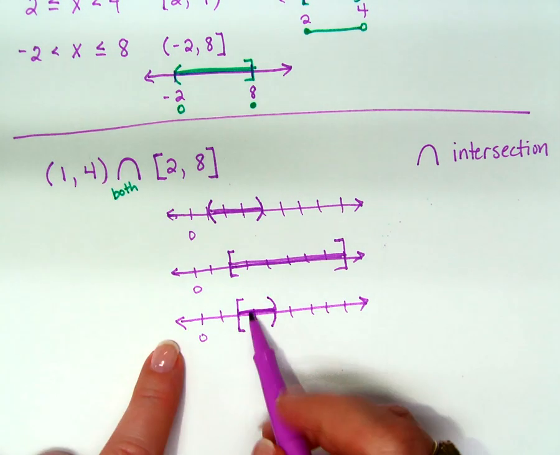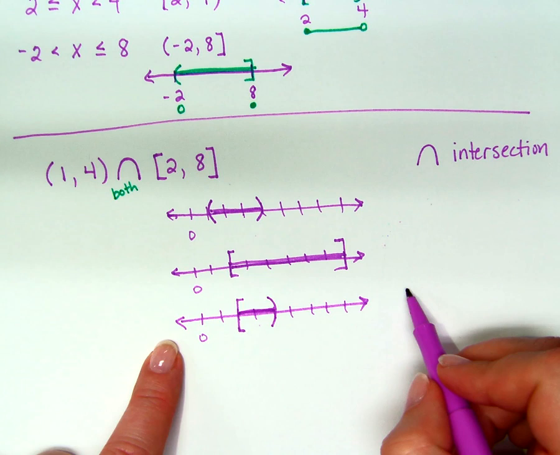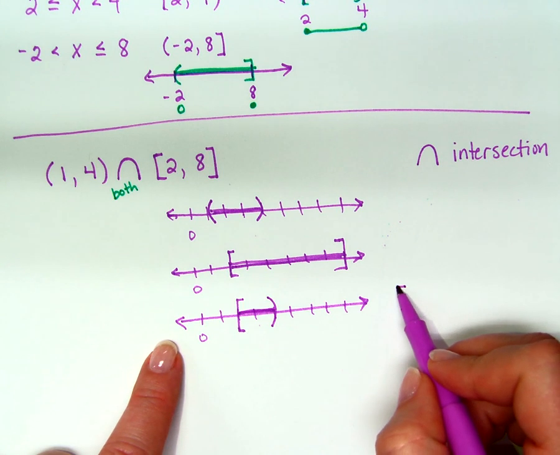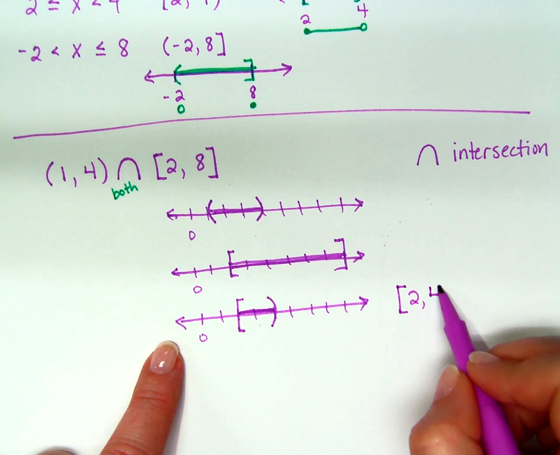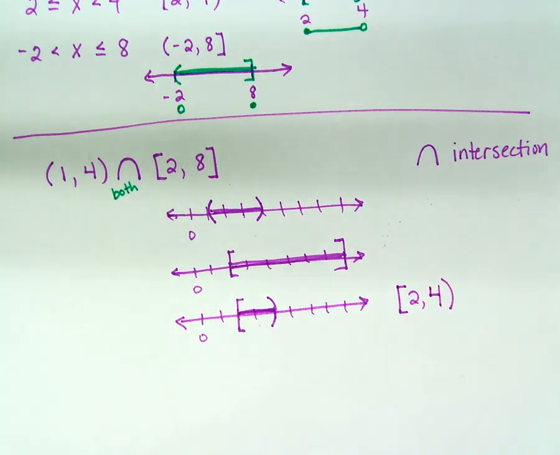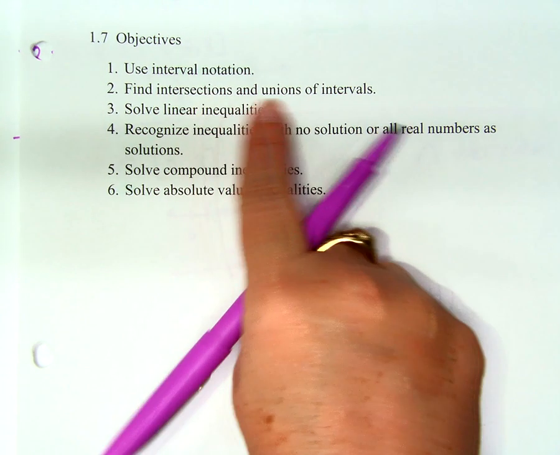Now how would I write this answer in interval notation? 4, right? Okay. So that's intersection of intervals.